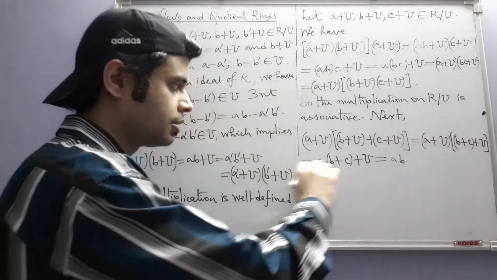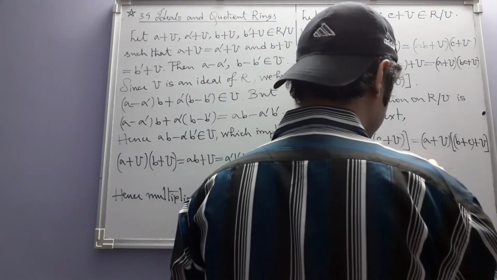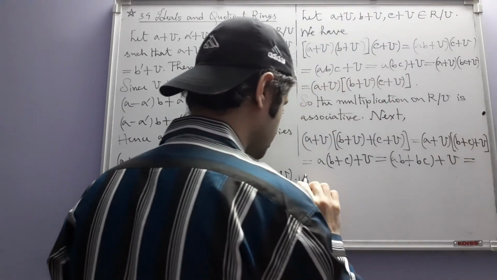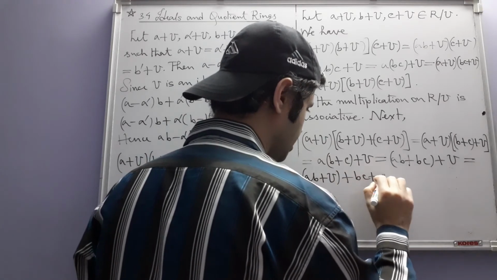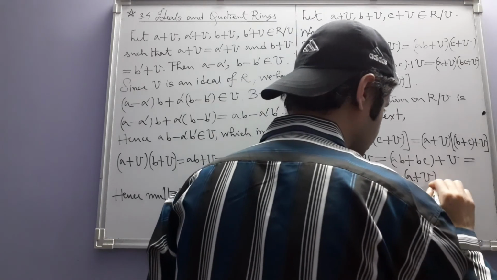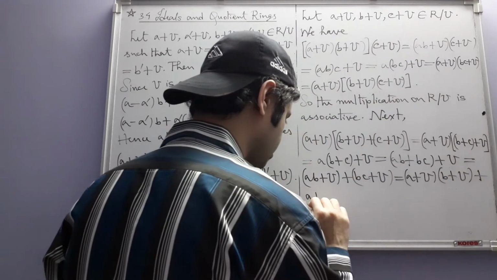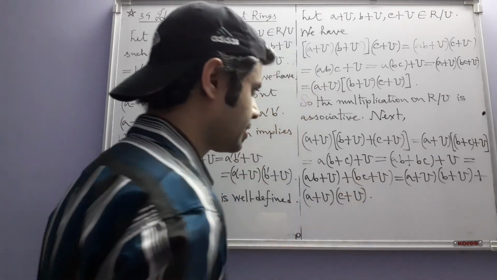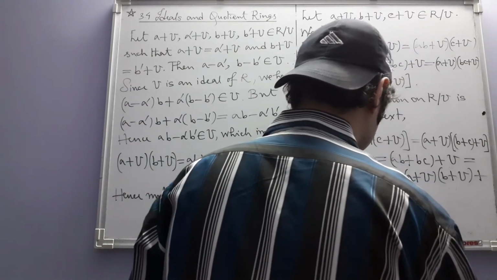Now, using the ordinary left distributive law in R, this is equal to ab plus ac plus u. So this becomes (ab plus u) plus (ac plus u), and this can be written as (a plus u)(b plus u) plus (a plus u)(c plus u). So that's how we get the left distributive law.